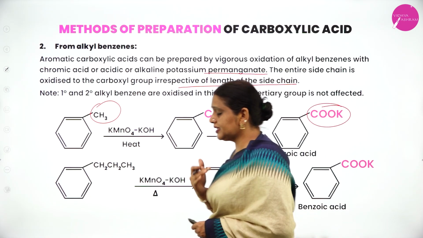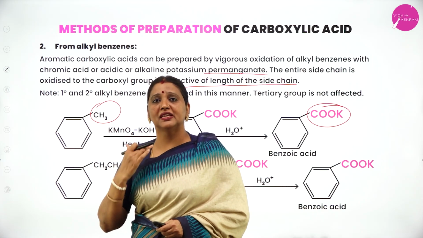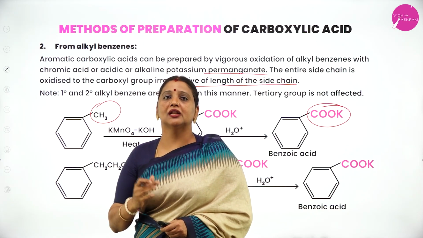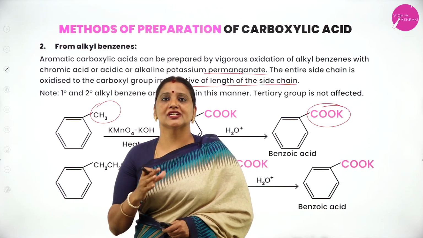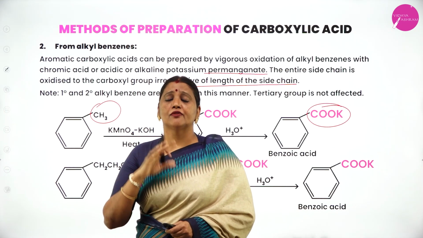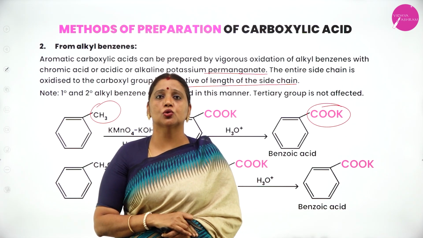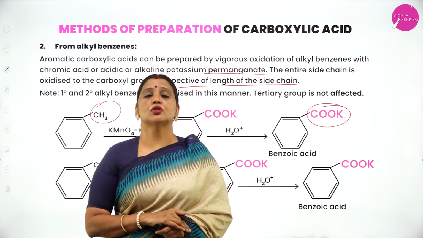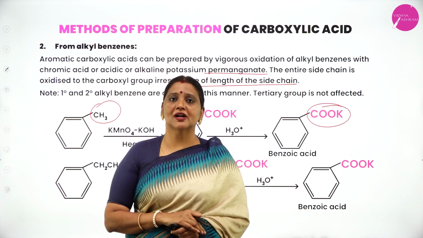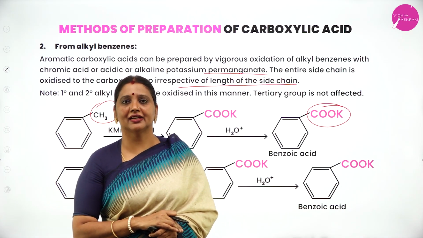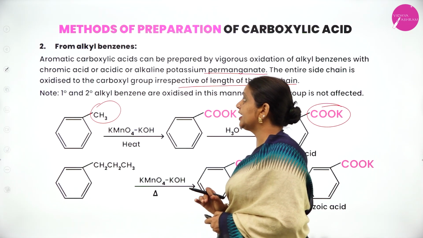Whether the side chain contains ethyl, methyl, propyl or butyl, the whole side chain gets oxidized to COOH. What is the final product of alkyl benzene oxidation? When alkyl benzene undergoes oxidation in the presence of an oxidizing agent like potassium permanganate, potassium dichromate or chromic anhydride, it gets oxidized to benzoic acid.